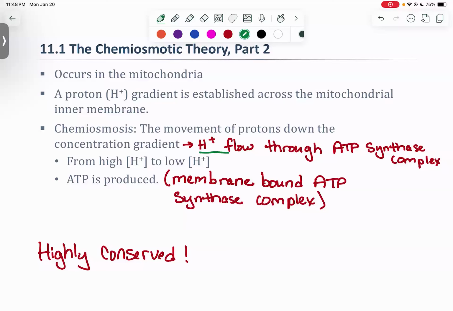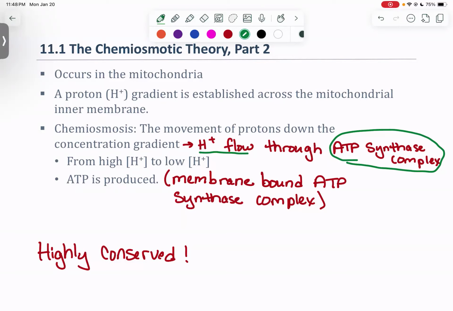And as those protons flow, they're going to power the ATP synthase complex. Because we know if anything goes from high concentration to low concentration, that's simple diffusion, and we can use the energy stored in that diffusion process to make ATP. The ATP synthase complex is bound inside the mitochondria in the same way that the electron transport chain is, and we'll talk about that in lots of detail.